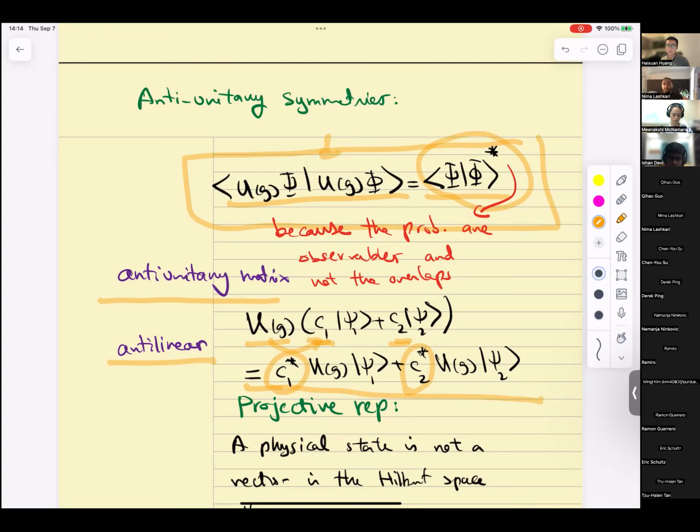One important one is CPT. It's a very famous example. CPT is represented on the Hilbert space as an anti-unitary, not as a unitary. And I hopefully explained what the difference between the two is. The difference is that you don't measure overlaps, you measure the norm squared.